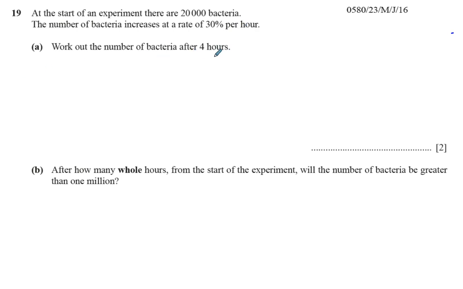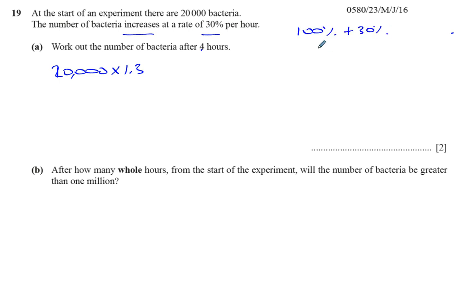So it's like you start off with 20,000, and then after 1 hour that increases by 30%, and then after another hour that new number increases by 30%, and after another hour that carries on increasing by 30%. So basically you start off with 20,000, and you multiply by 1.3, because if you increase by 30%, you've got 100% plus 30%.